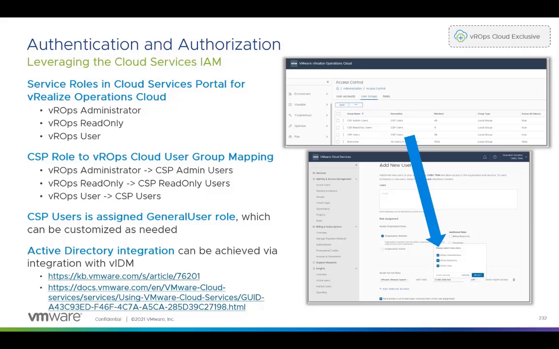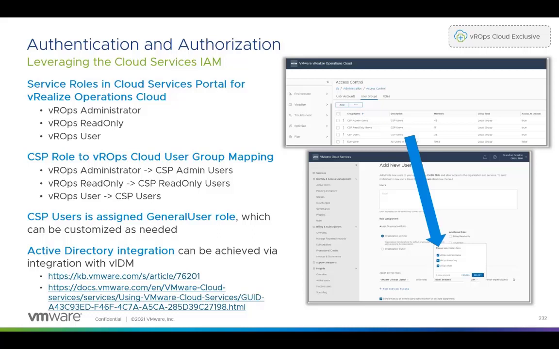Once the customer has logged in, then they can create custom roles in vRealize Operations Cloud and reassign those users to those new roles. But this is how the initial mapping actually happens.